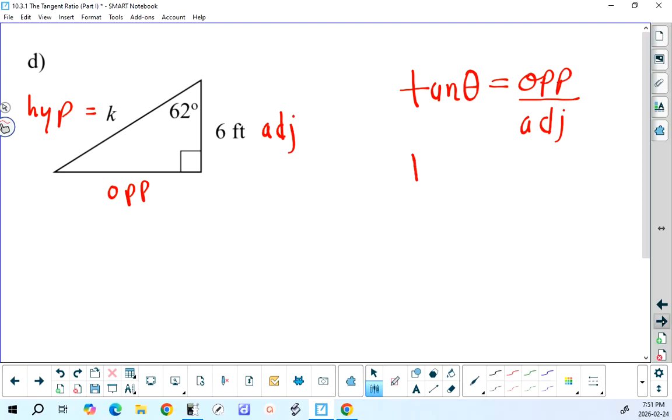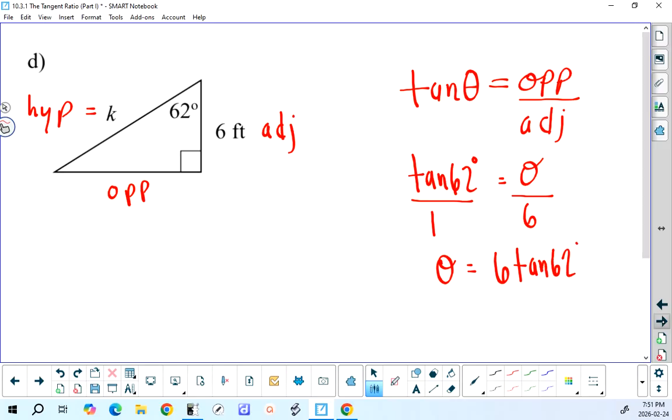So we have tangent of 62 degrees equals the opposite side. Let's just call it O for opposite, over the adjacent, which is 6. And we can cross multiply to find the opposite side. Opposite side times 1 will give us O equals 6 times tan 62.